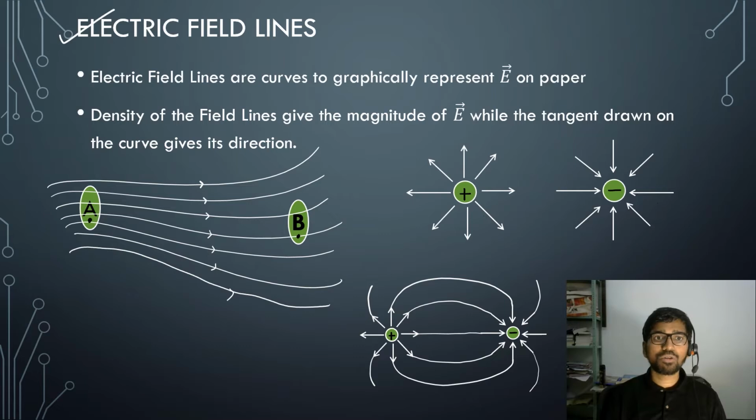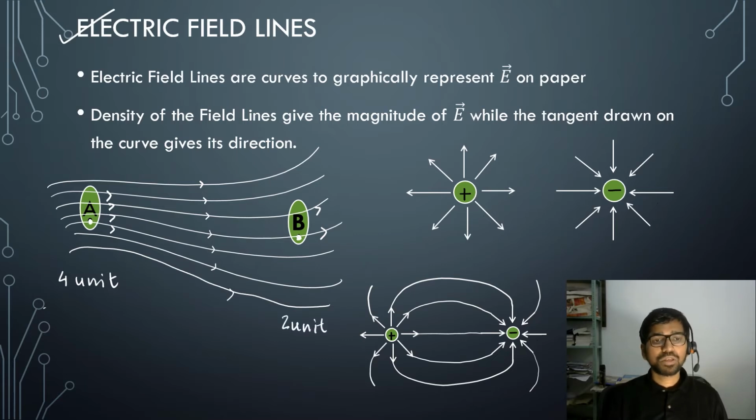First, we will talk about the magnitude. Take 2 points in that region, point A and point B, and then draw an equal amount of cross-sectional area around point A and around point B. Then you count the number of electric field lines crossing each area. As you can see, number of electric field lines crossing around point A is 4 units and around point B is 2 units.